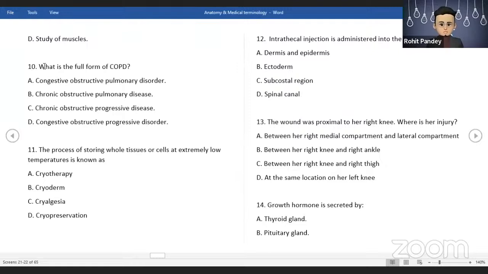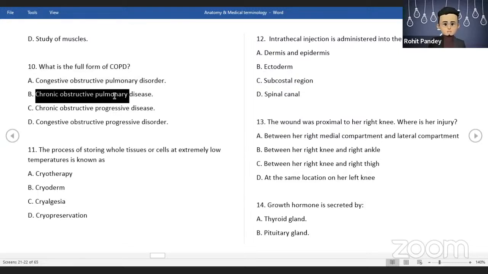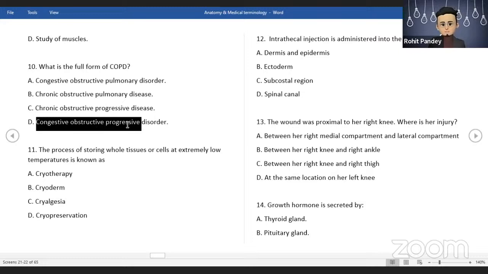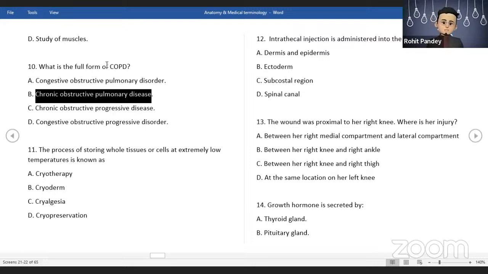Now, the 10th question is, what is the full form of COPD? A, congestive obstructive pulmonary disorder; B, chronic obstructive pulmonary disorder; C, chronic obstructive progressive disease; D, congestive obstructive progressive disorder. So the answer is B, chronic obstructive pulmonary disease.